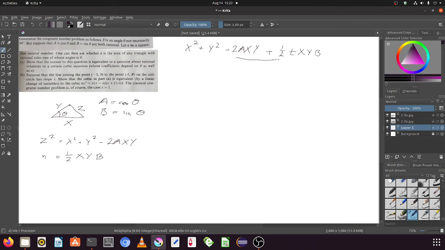So to complete the square, the coefficient must be plus minus 2. So that gives us 2 values for t.